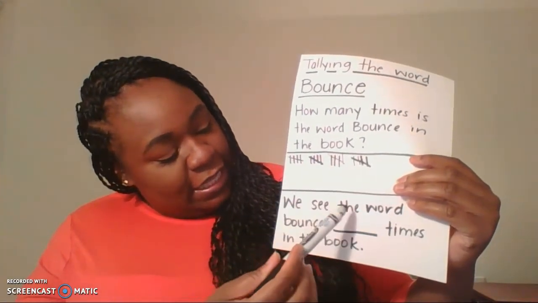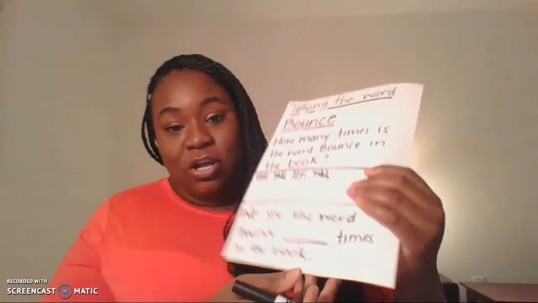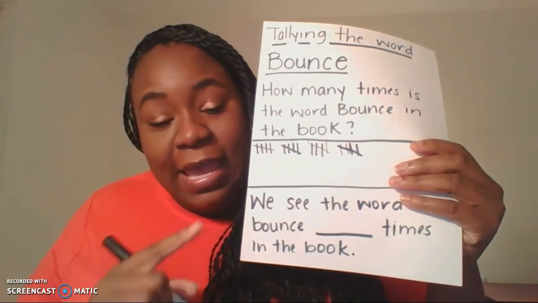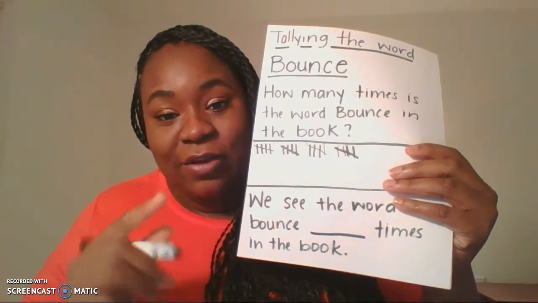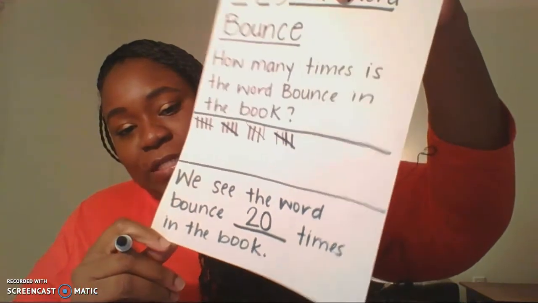So we see the word bounce 20 times in the book. So Miss Charles is going to write 20. How should I write 20? A 2 and a 0. Yes, so I'm going to write it 2 and a 0. We see the word bounce 20 times.